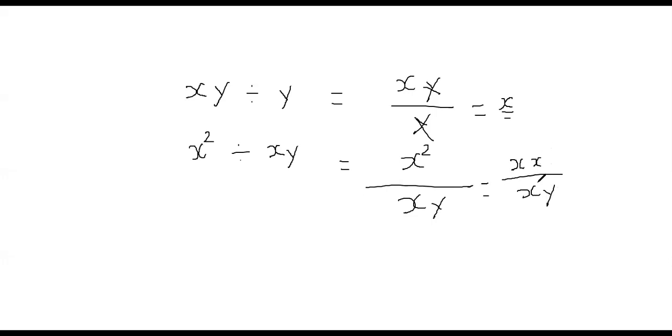So we see 2 x's at the top, 1 at the bottom. So we could cancel 1 with 1 here. Agree? You can't cancel 1 at the bottom and also cancel all 2 at the top. If you cancel 1 at the bottom, you cancel 1 at the top.